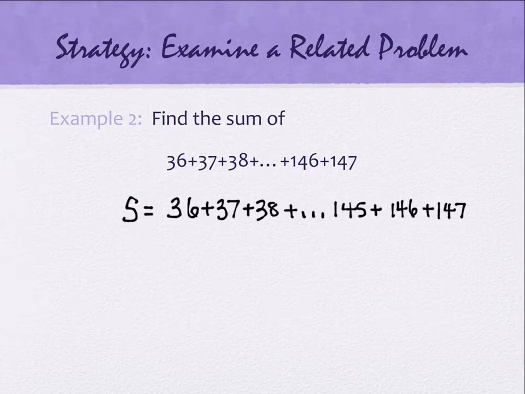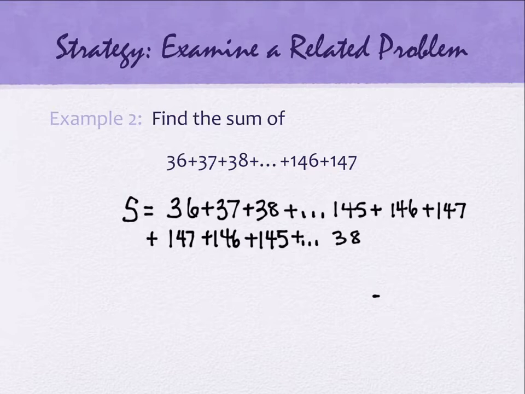Yeah. So I switched the order around, right? What I really did is I added something to itself. I just switched the order around so that the numbers pair up nicely. So I'm going to add it to itself. So I'm adding to this 147, 146, 145, 38, 37, 36.